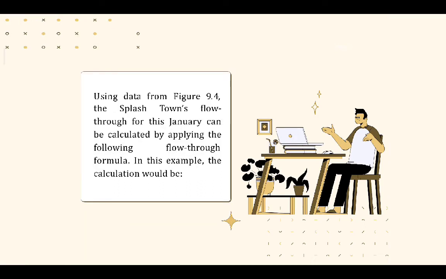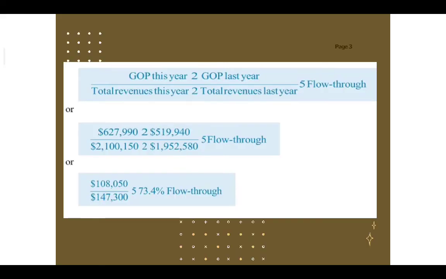Using data from Figure 9.4, the Splashdown's flow-through for this January can be calculated by applying the flow-through formula: GOP this year minus GOP last year, over total revenues this year minus total revenues last year.